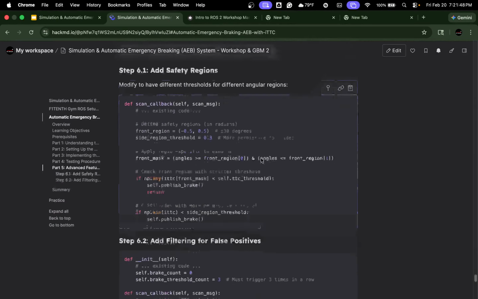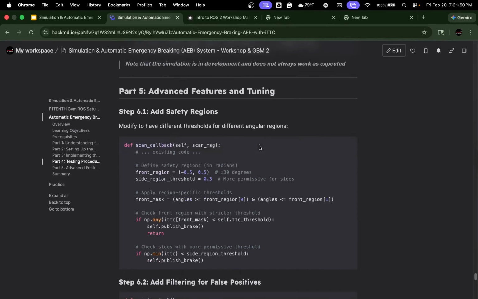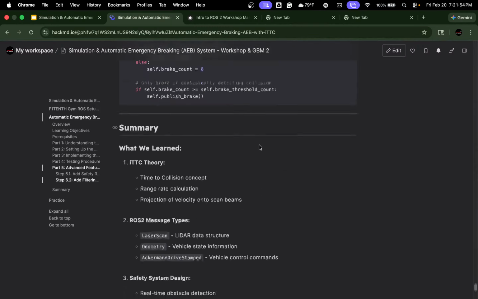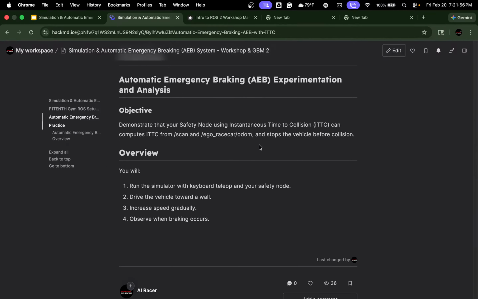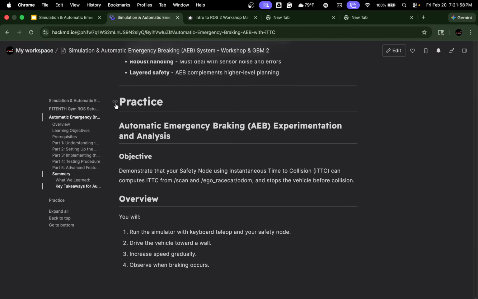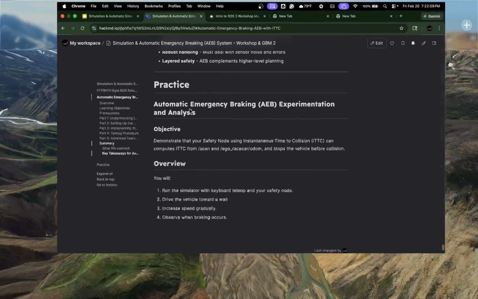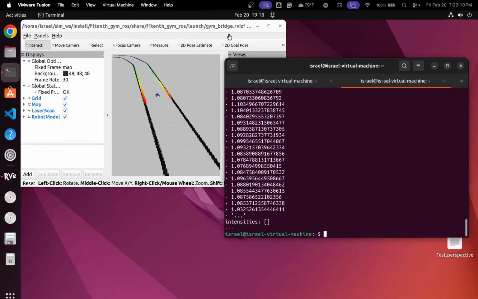You have some advanced features that you can try if you want to, up to you. There's a summary of what we went over, and then a practice section if you want to expand on your skills. The whole idea is, let me see if I can find it real quick.